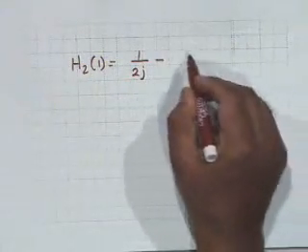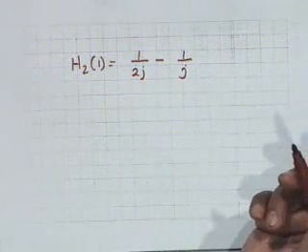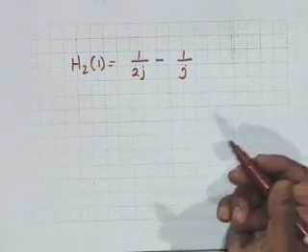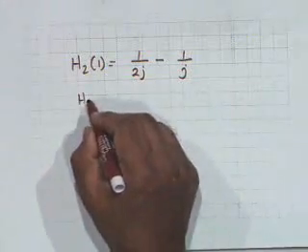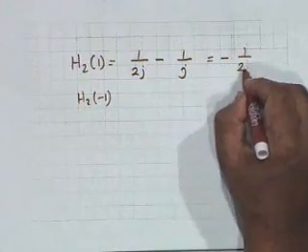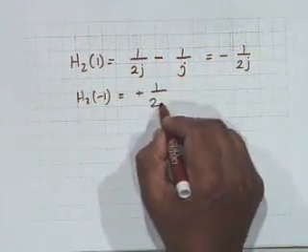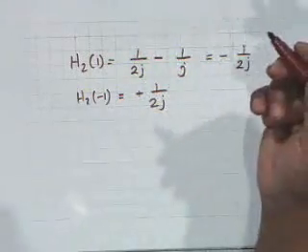This will be minus 1 over j. Is that okay? Alright. And so h2 of minus 1, well, how much is this? Minus 1 over 2j, and h2 of minus 1 plus 1 over 2j. And now you multiply and simplify, you shall get exactly the same result.